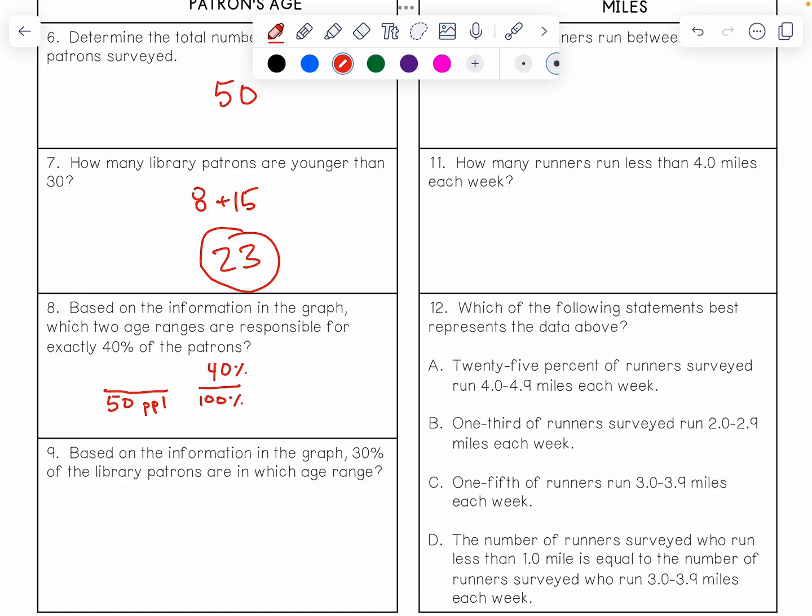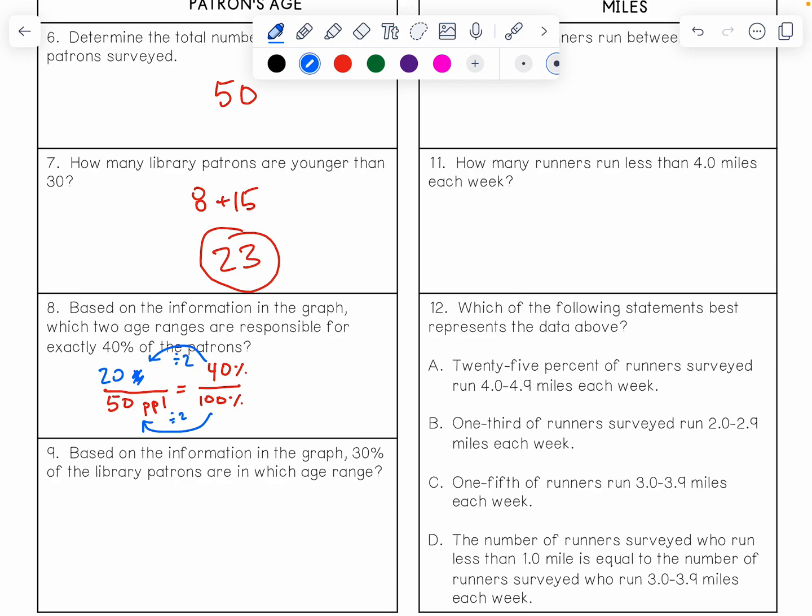There are a couple different ways to do this. You can do cross products if you want. You can kind of do the here to there method, which is like, okay, how do I get from 100 to 50? Just divide by 2, right? So 40 divided by 2 means this number right here is 20. So 20 people would be 40%.